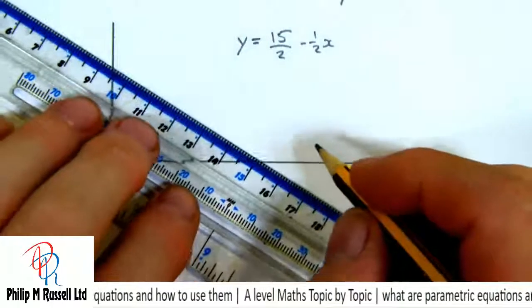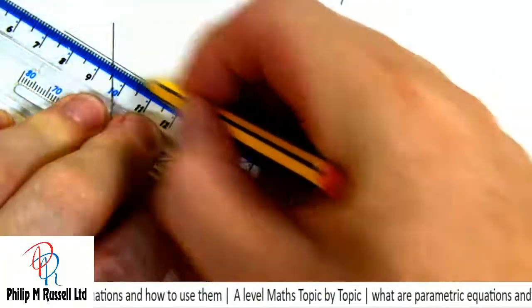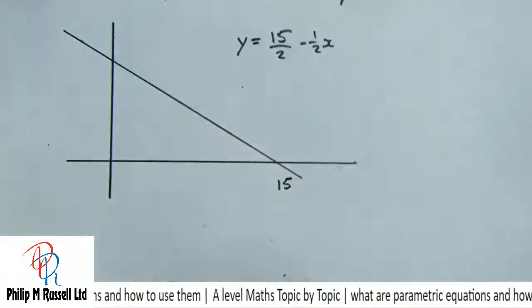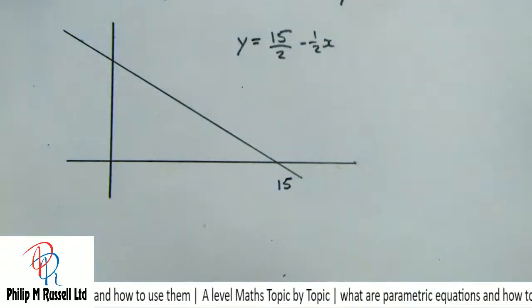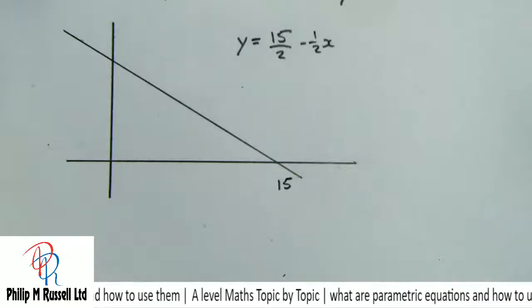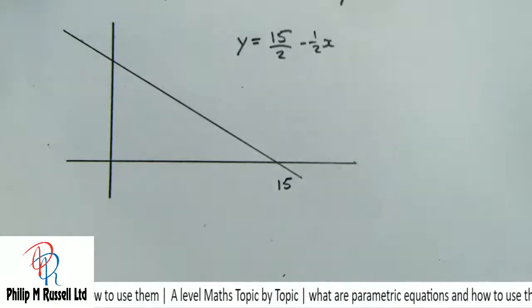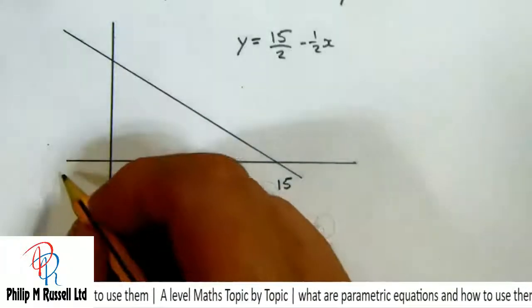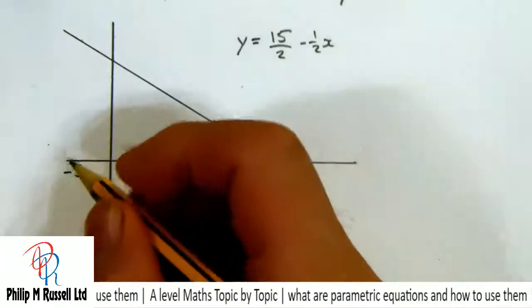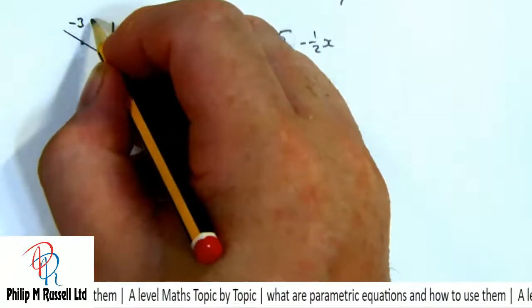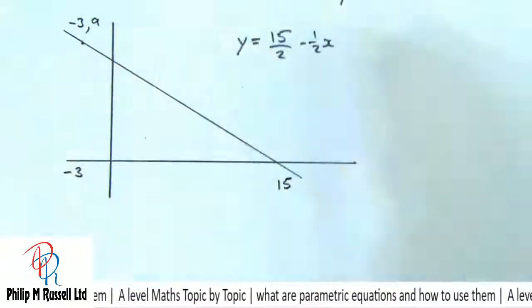It's going to go through something like that. That will be at 15. And what do we know for this? Well, I know that at the position minus 3, then this will be at minus 3, 9.